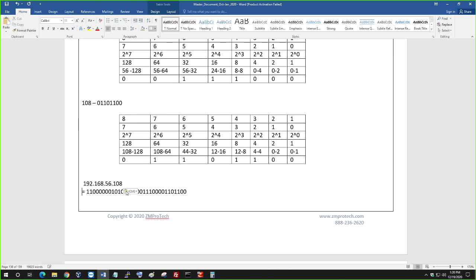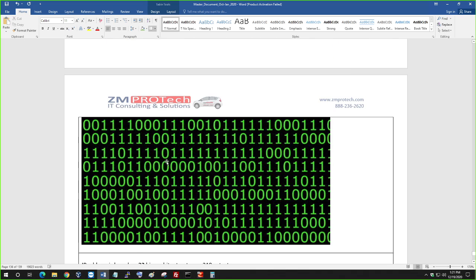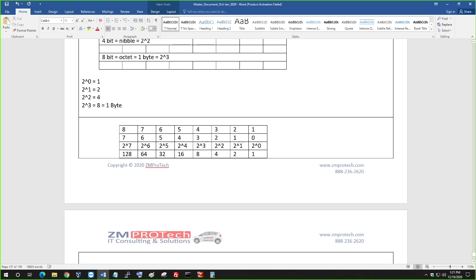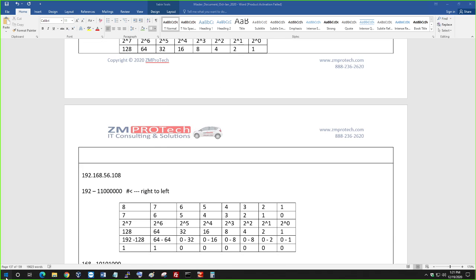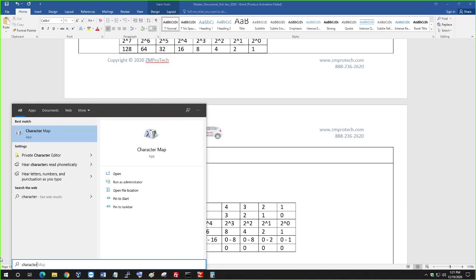So this is how the computer manages the numbers. If you look at this, our binary, even your English letters A, B, C, D, all those have their own binary numbers. If you look at the character map, there is a character map.